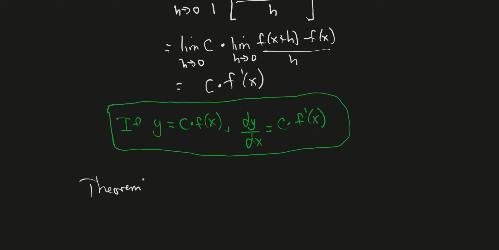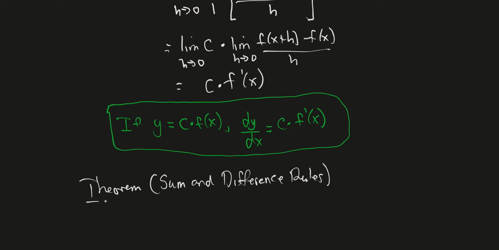And this is called the sum and difference rules. Again, notice these are words from algebra. We have constant, we have power, we have constant multiple, and now we have sum and difference, all algebraic words.